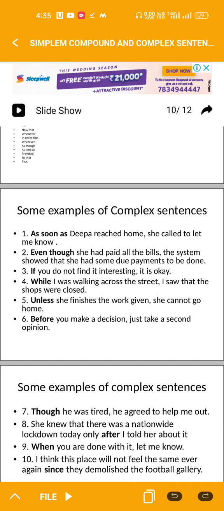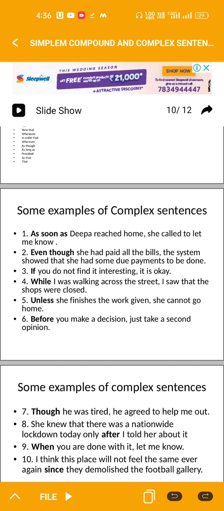Now, this is a subordinate clause starting with a subordinate conjunction, so it will be followed by a comma. Even though she had paid all the bills, comma, the system showed that she had some due payments to be done. So the first one is a subordinate clause and the next one is an independent clause.